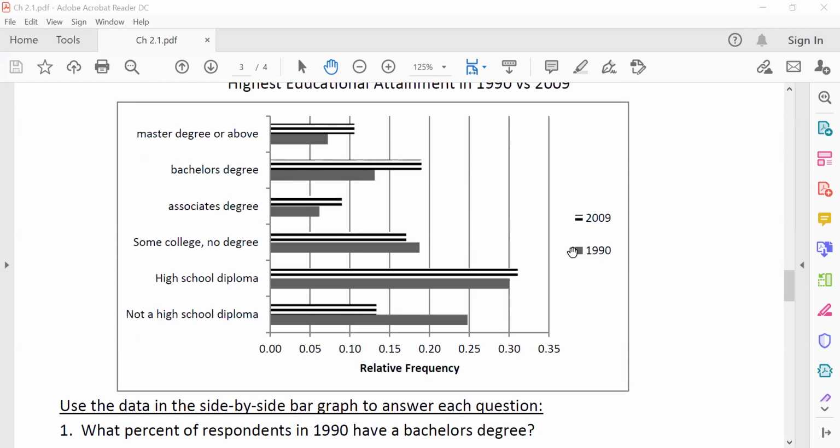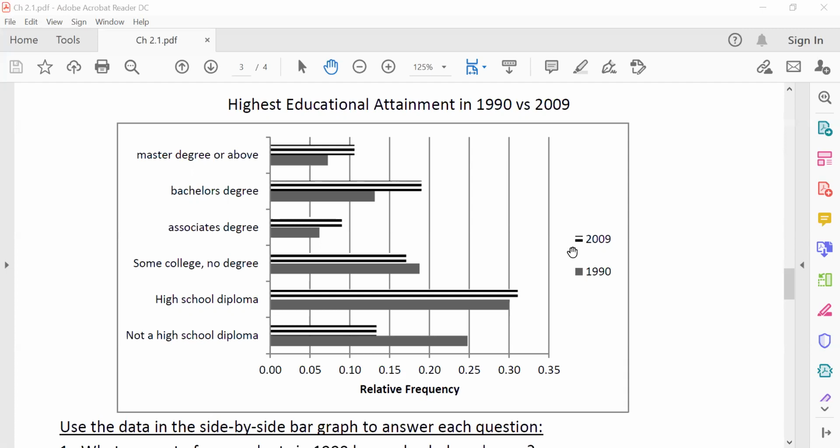This is called a double bar chart, and it's useful because you can look at a specific category and see how it's changed. The fully solid bar is the year 1990, the striped bar is the year 2009. And we can see that the frequency of people who have a master's degree has gone up from 1990, because the 2009 bar is longer than the 1990 bar.